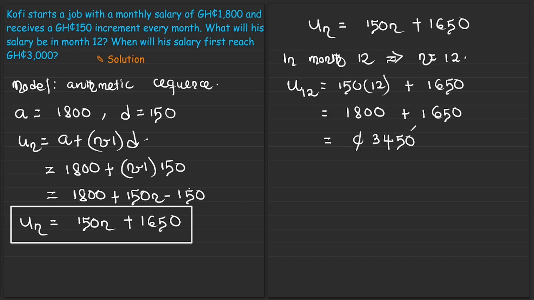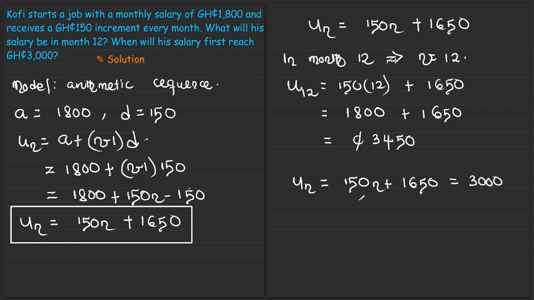That is Kofi's salary. The second part of the question says, when will his salary first reach 3,000? If you want to know when the salary is first going to reach 3,000, it simply means for the nth term, when is 150n plus 1,650 ever going to be equal to 3,000?